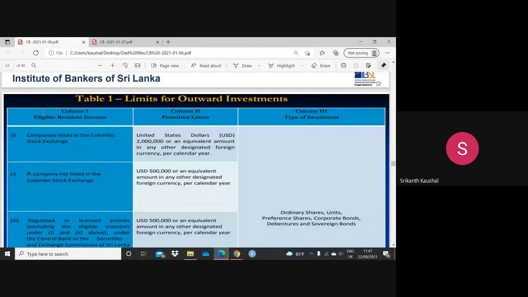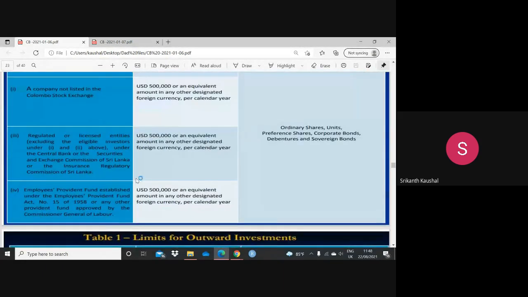On the top you can say public quoted company or public company. This is a private company. They have a limit of 500,000 per calendar year. Then regulated or licensed entities excluding the 1 and 2.